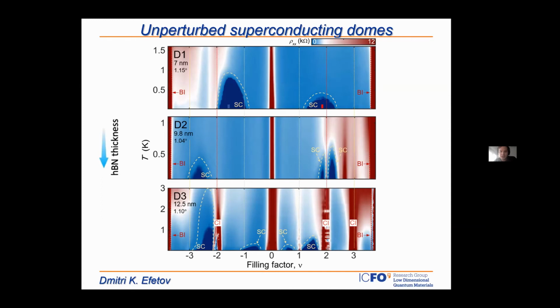So to summarize, we have shown that you can weaken the correlated insulators by this dielectric screening effect and by tuning the twist angle. While the correlated insulators start disappearing at a rather quick rate, the superconductors remain relatively strong, with TCs comparable to the devices which are unscreened.